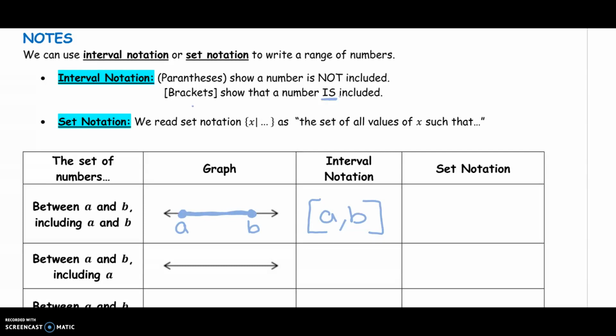For set notation, we use a brace, which looks like this. Okay, and we start by putting the variable x, and x represents any number in this range of numbers.